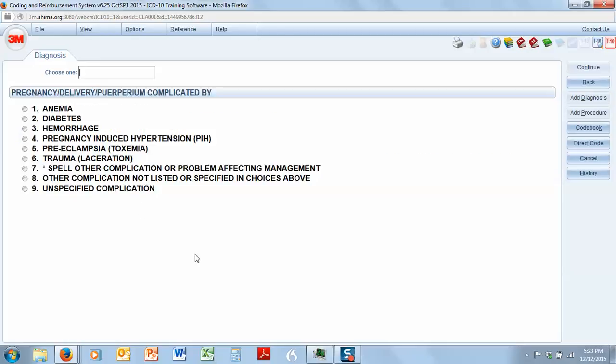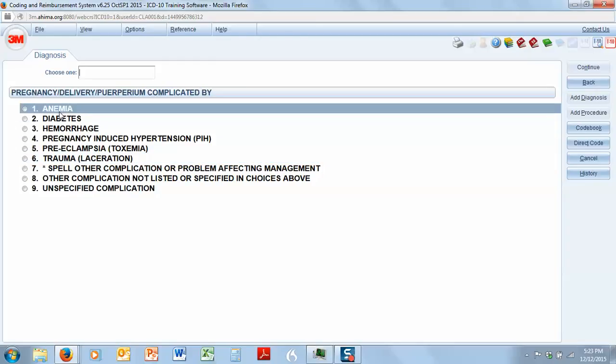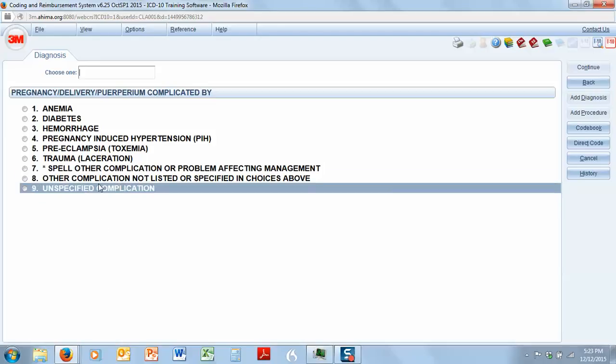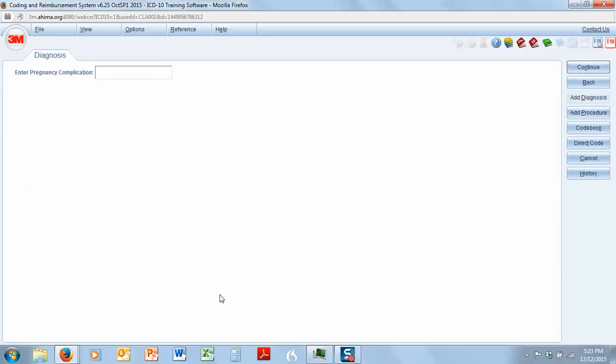Now, when you look at this next group of choices, it's going to have a lot of diagnoses, but we don't really have a diagnosis as to why they needed to use the vacuum. We just know that they did. So we're going to spell another complication, and all I'm going to spell is vacuum, and it pops right up, vacuum delivery.